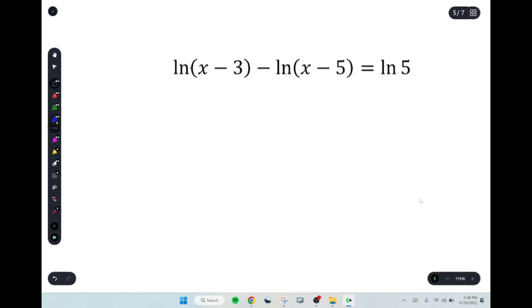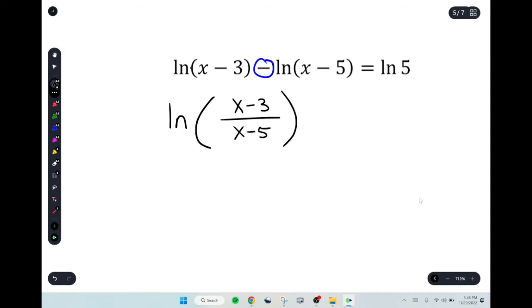That blue minus sign on the outside turns into division on the inside. But the minus sign on the inside doesn't turn into anything. It's the same as a plus. It's just there. We can't do anything with it.